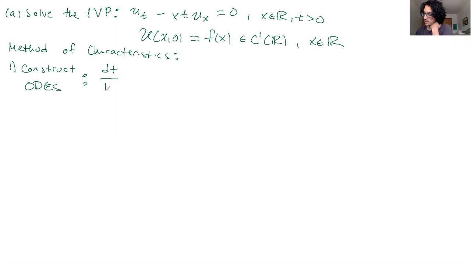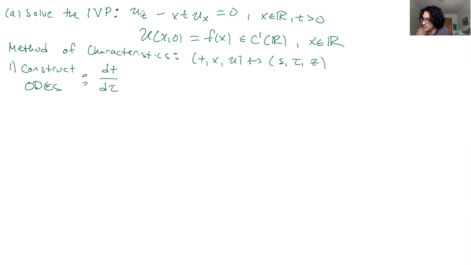So dt d tau, okay? T is our first, call it our first independent variable. X is our second. U is our dependent variable. And we're going to map these to these characteristic parameters, and then Z, which is just going to be our solution in terms of our characteristic parameters, okay?